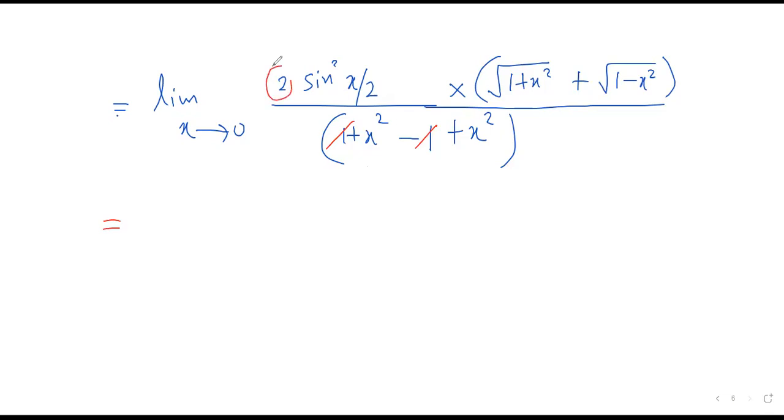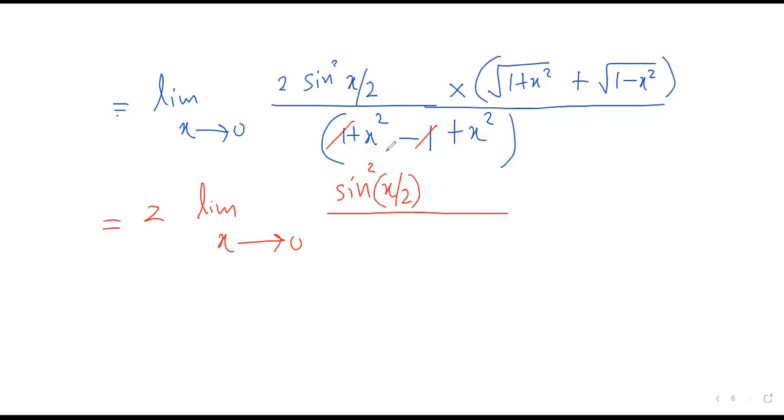If you take this 2 out, now sine squared x over 2. Now the angle is x over 2. So this x squared plus x squared is also 2x squared. You can take that too. Then only x squared remains.